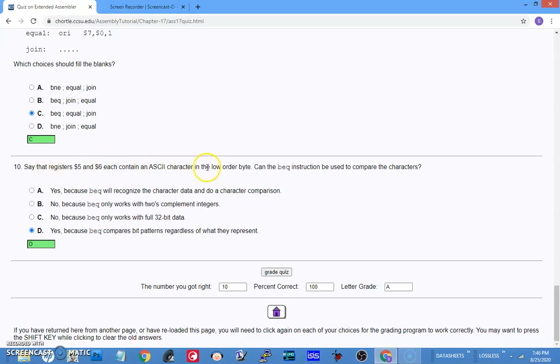They contain an ASCII character in the lower order byte. Okay, no problem. Can the BEQ instruction be used to compare the character? Yes, because the register contains the value in the lower order byte, which means the higher order bytes are 0. So when they compare, they are 32-bit quantities. They get compared. So with that, we have reached the 10th question.